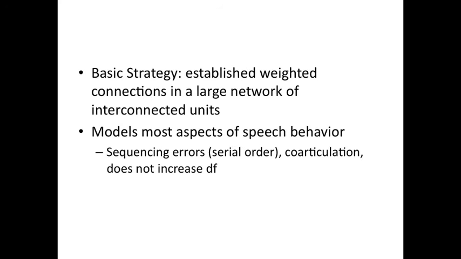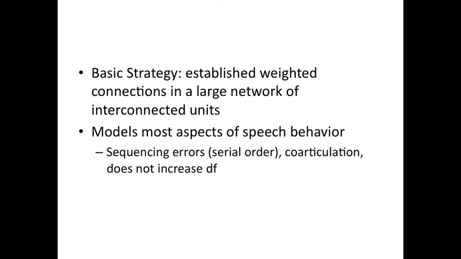Okay. So the basic strategy of the connectionist model is there is an established weighted connection in a large network of interconnected units. All of these units, the semantics, the morphology, the phonology, all of these are interconnected units, and the ones that have the higher weightage will get chosen compared to the ones that have the lower weightage, and those are the ones that help you get out your final output.